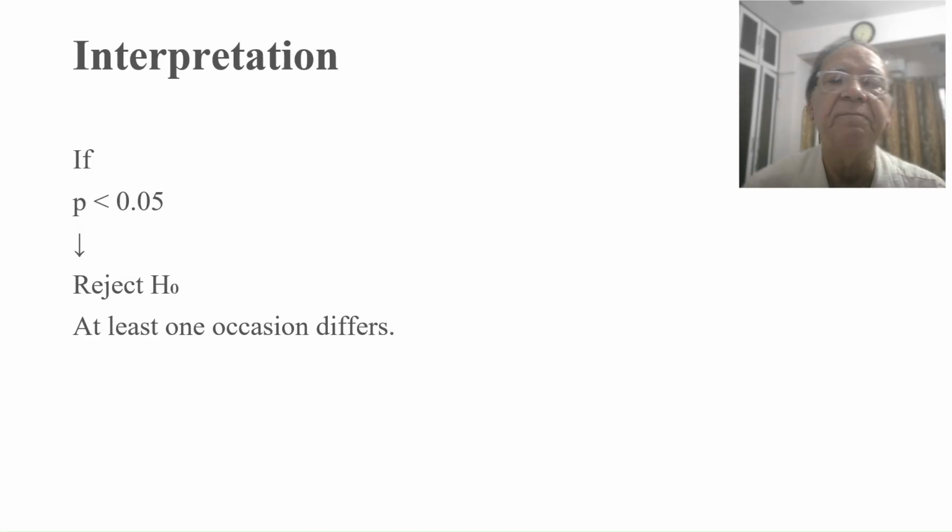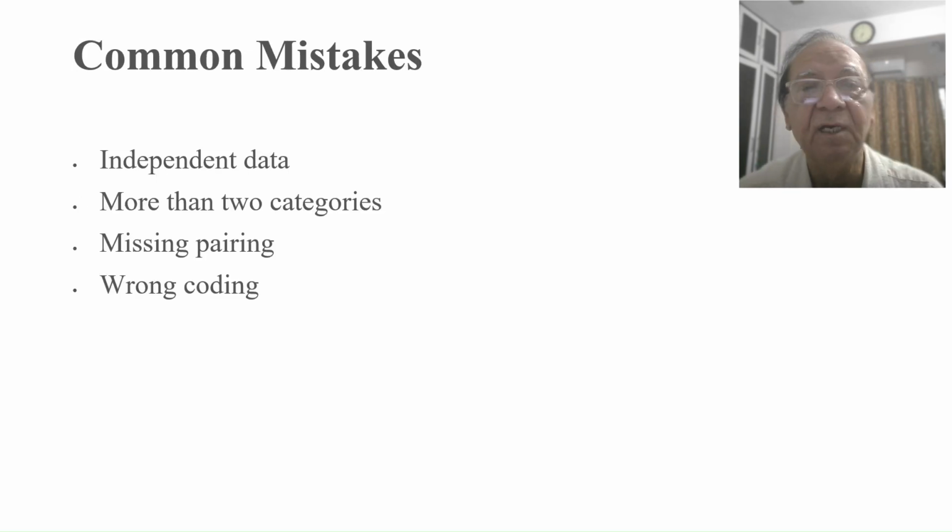This means that the proportion of positive responses is not the same across all measurement occasions. In our case, since the p-value is 0.174, it is greater than 0.05, we do not reject the null hypothesis. Therefore, there is no statistically significant difference in the proportion of yes responses across before, month 1 and month 3.